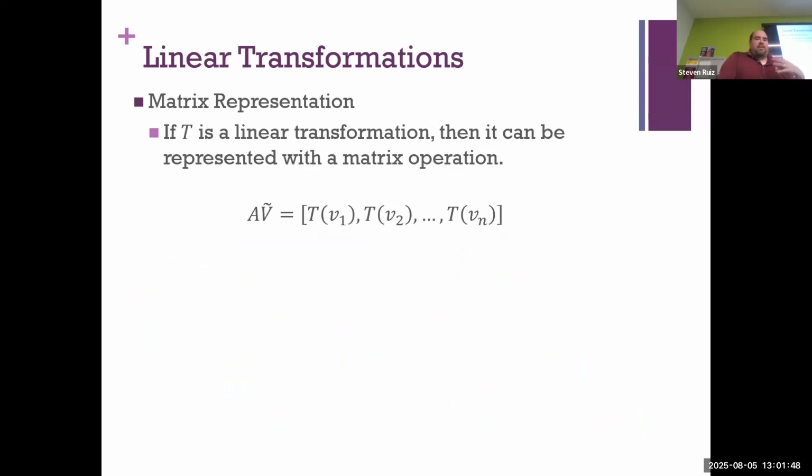So if I'm telling you that a linear transformation can always be re-expressed as a matrix multiplication, I should show you what that looks like. So this is essentially what we just did. A is this matrix that stands in, or that is basically doing the job of our linear transformation. V, this right here, is some ordered basis.